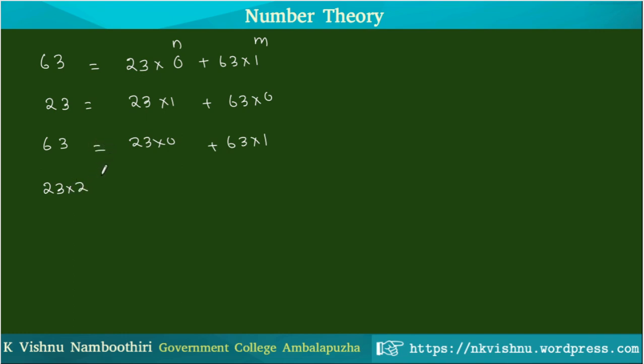So this is 23 into 1 into 2. We are multiplying this equation with 2.